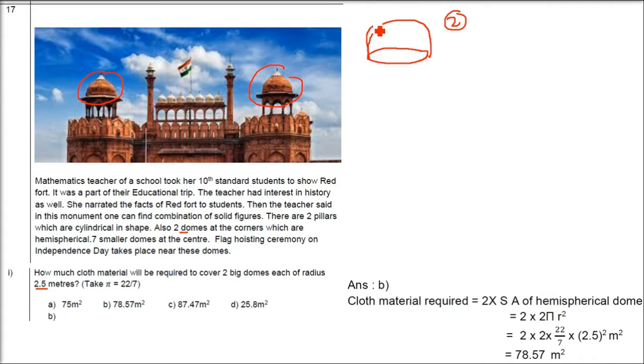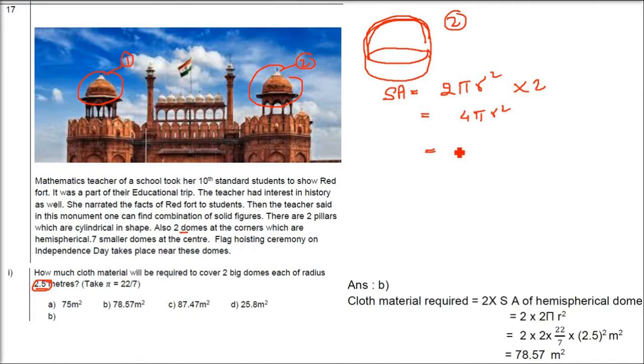So what is the cloth material required? We need the surface area, because you are covering the surface. Surface area is 2 pi r square for a hemisphere, but there are 2 domes, so multiplying by 2, it will be 4 pi r square. Basically, you are dealing with a whole sphere, which has 4 pi r square.